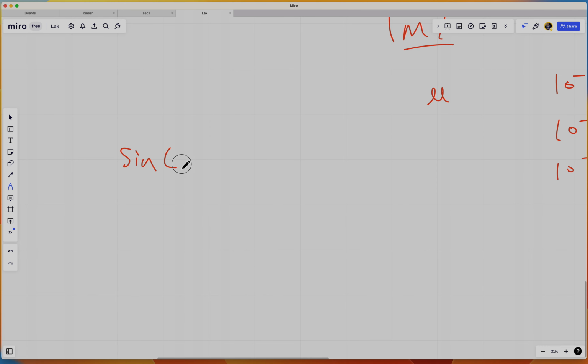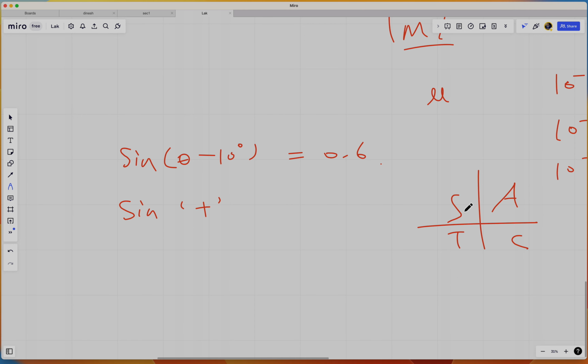What's the question? Sine of theta minus 10 degrees is equal to 0.6. Memorize every single step. First thing first, sine positive, I mean sine is equal to positive 0.6. So therefore the region is All Science Teachers, so you pick the A and S regions. You write down the formula for these two regions.